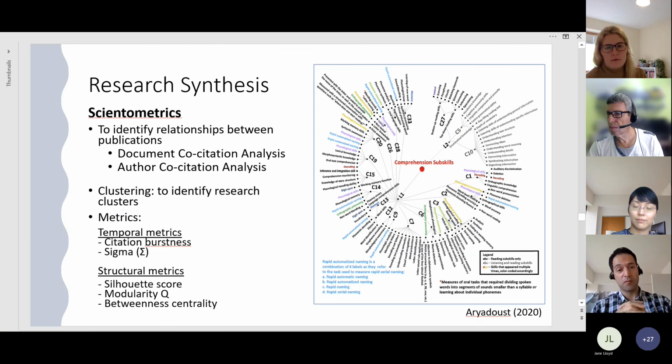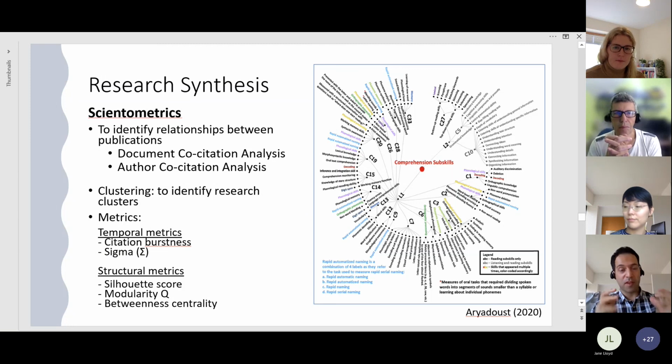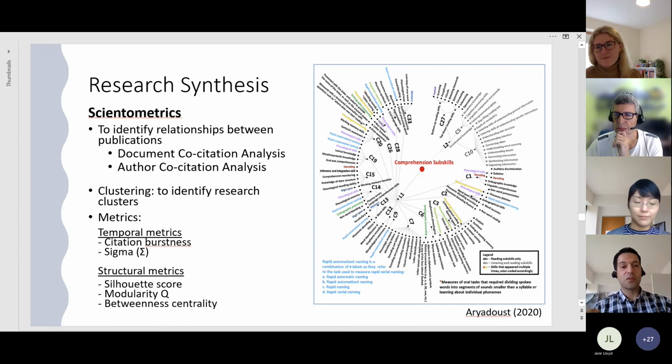Although some of these ideas might converge, I'm sure that no one has read everything that's published in applied linguistics, because currently I'm looking at 20 top journals in the field, and I find that there are more than 27,000 papers. There's no way that I could read 27,000 papers. Therefore, scientometrics comes into the picture.